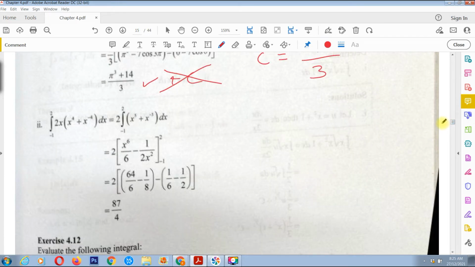okay, so here also we just multiply first, and then this 2 we put outside, we differentiate, and then we get the numbers. No more c.